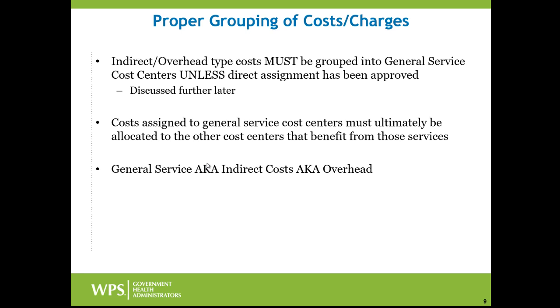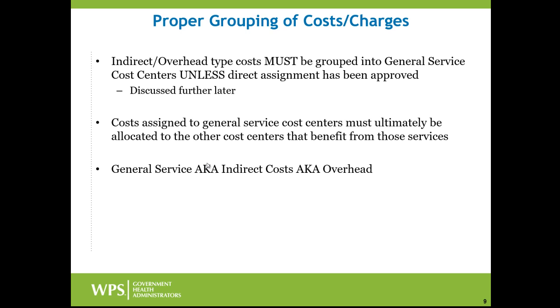It's actually the last topic in this discussion. But ultimately, whatever costs are assigned to the general service cost centers are going to be allocated to the other cost centers that benefit from those services. Of course, those would be the revenue producing cost centers, like your routine or ancillary cost centers. There are a variety of others, but those are by far your more common ones.